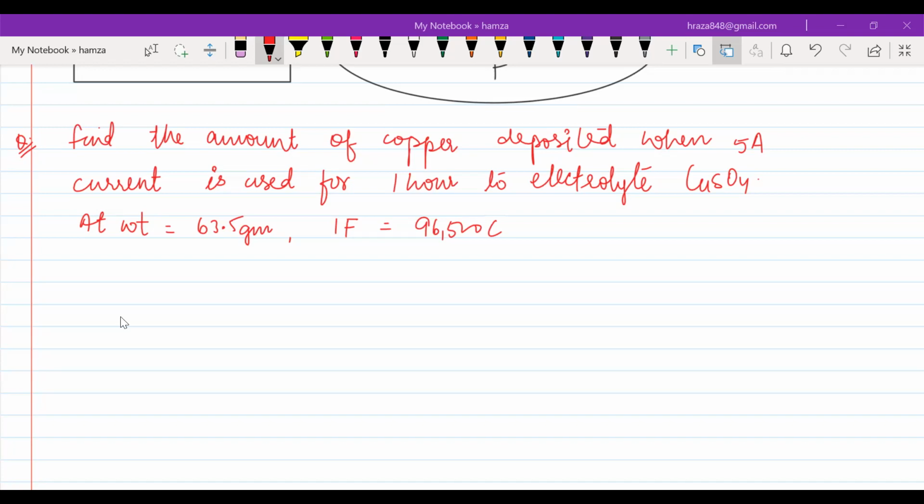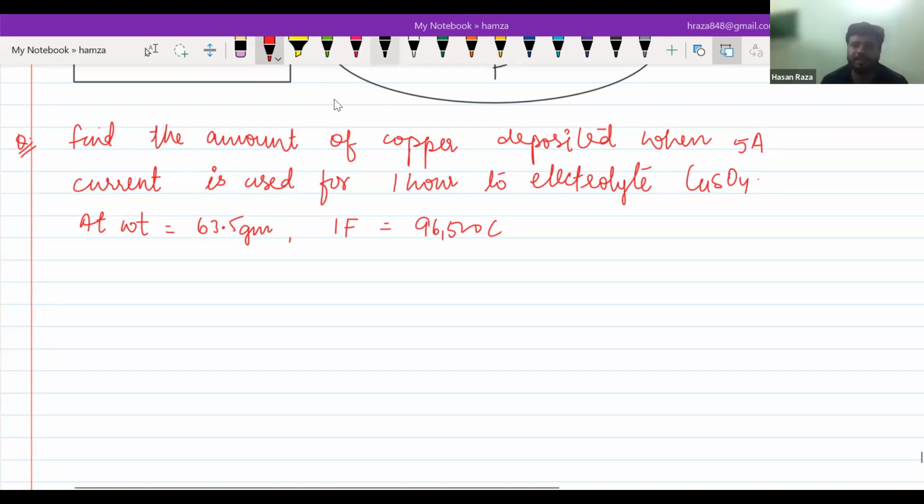Sir, can you answer the last? Yes, Hamza. See, it's very easy. You know that we are going to talk about only copper. And since CuSO4, if you dissociate it, it will be Cu plus 2.